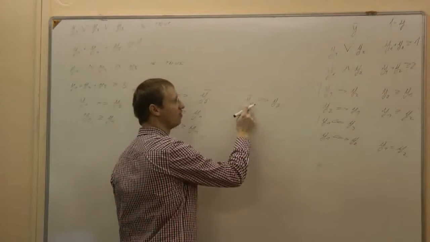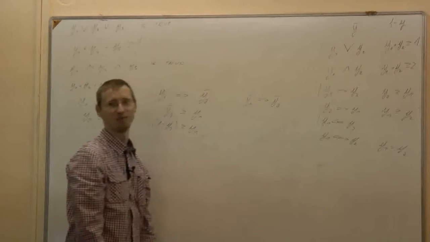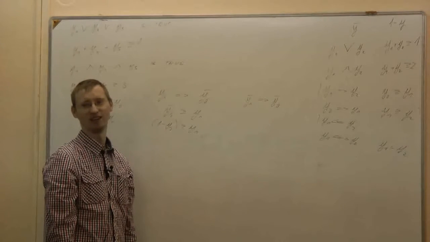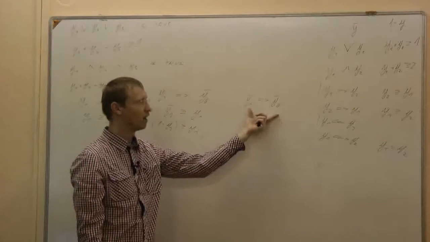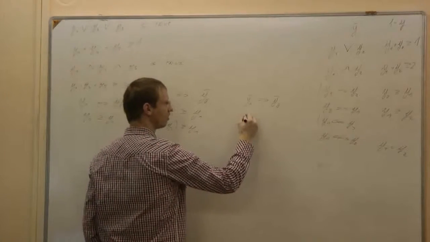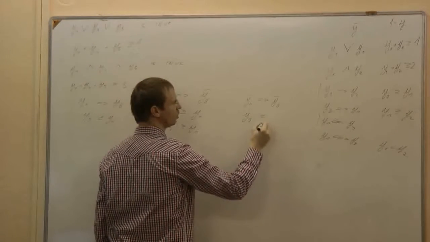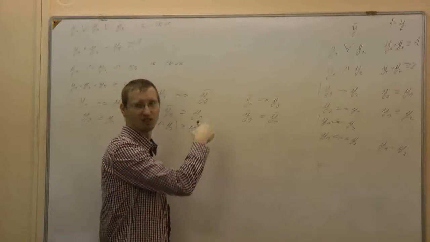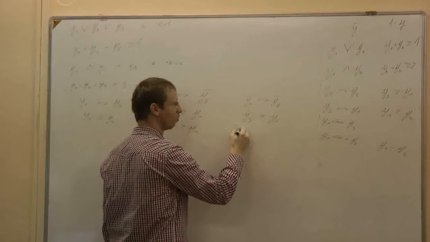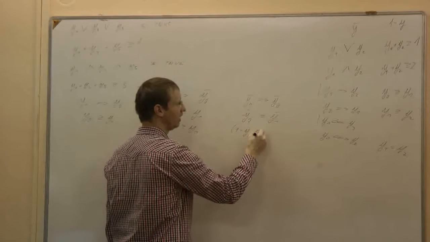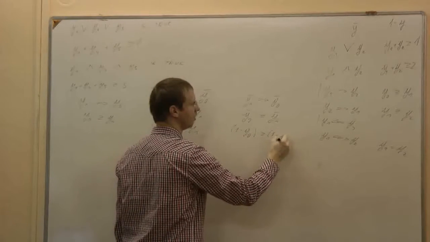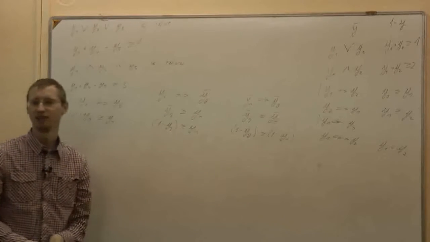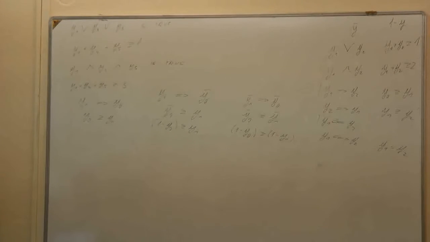Say, if the ith is closed, then the jth must be closed. How can we do that? Well, we rewrite this into inequality. So we take the right-hand side, make it larger than or equal to the left-hand side. And step number 2, replace negations by 1 minus the variable. So 1 minus yj larger than or equal to 1 minus yi. Okay? So still easy.